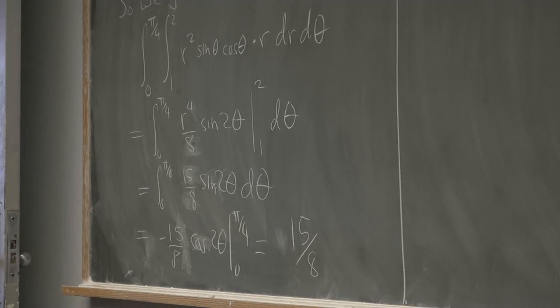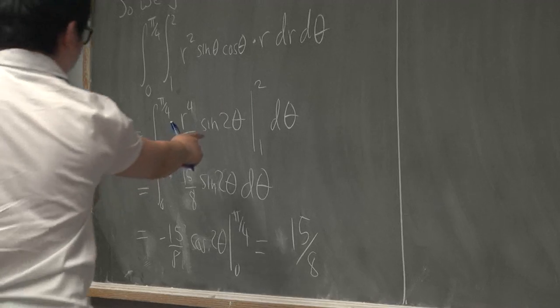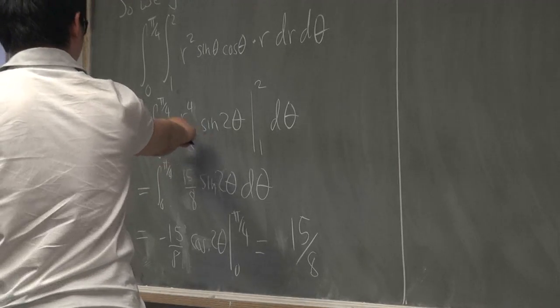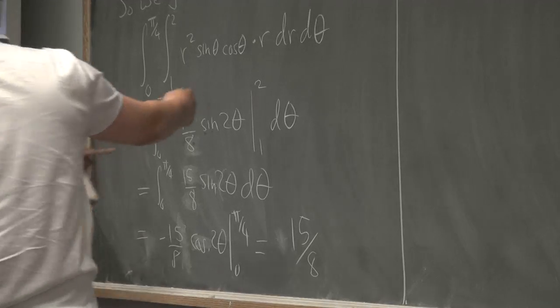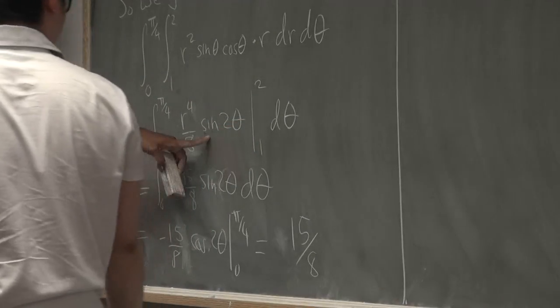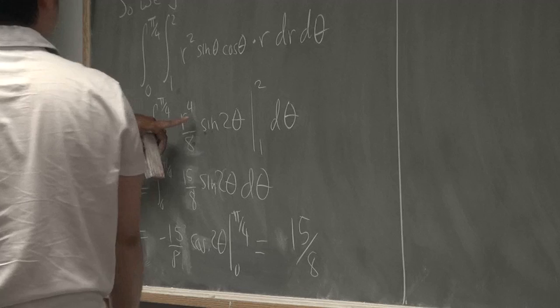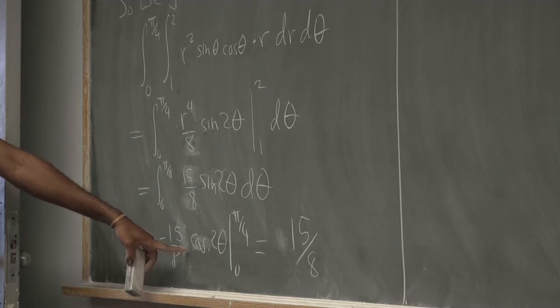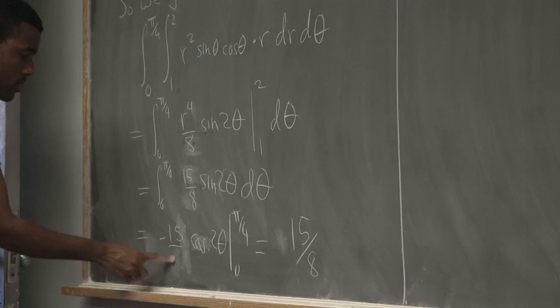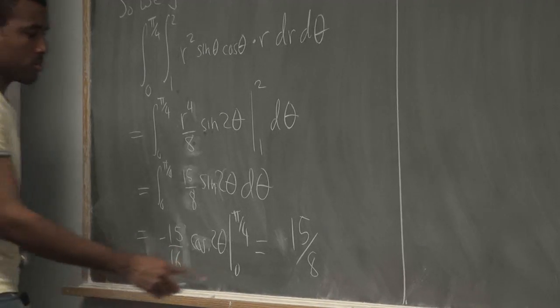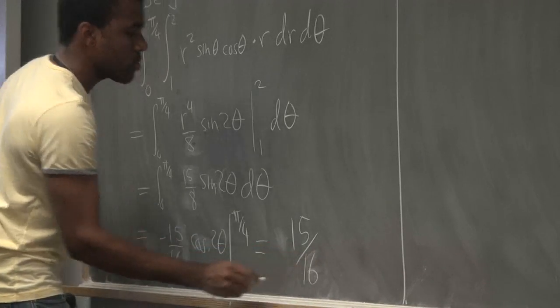This one should be minus cosine 2 theta. Oh, I didn't integrate the theta yet. Here I just integrated the r, so that's fine. I integrated this here, which would make this 16. Right.